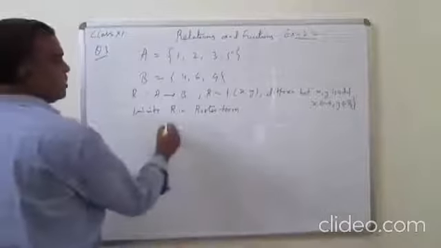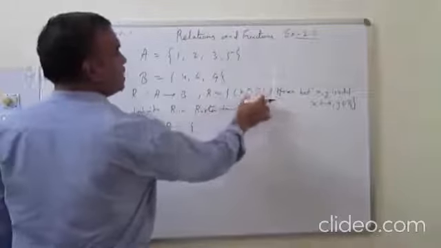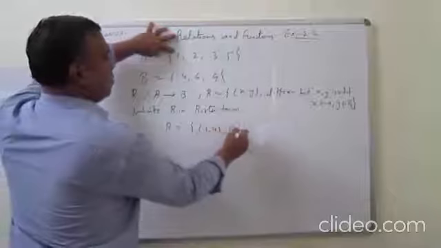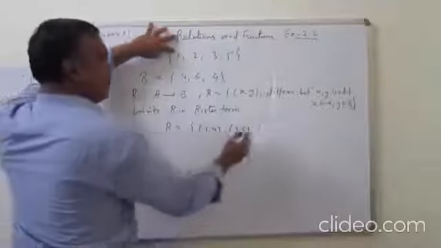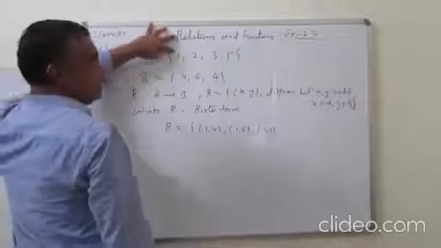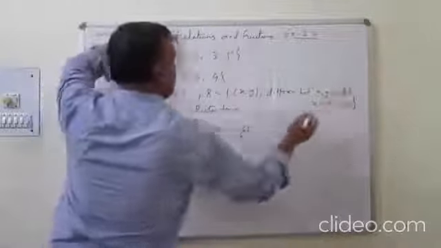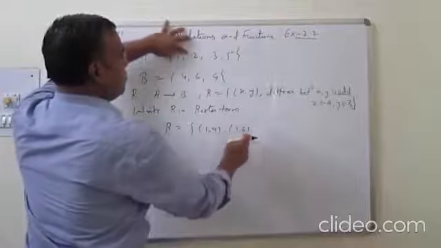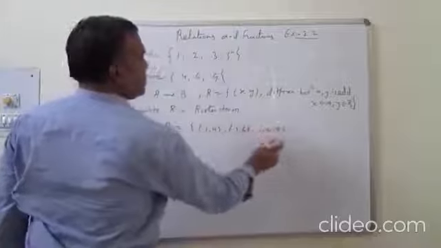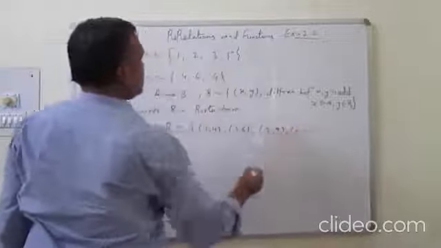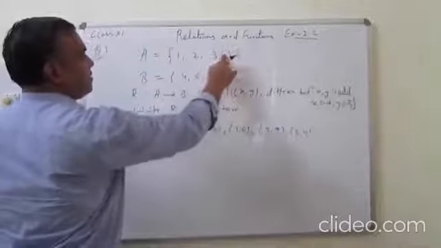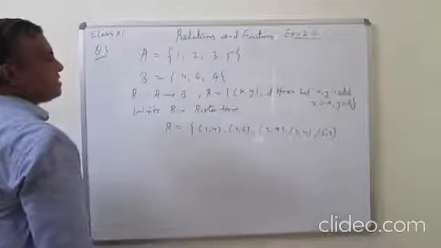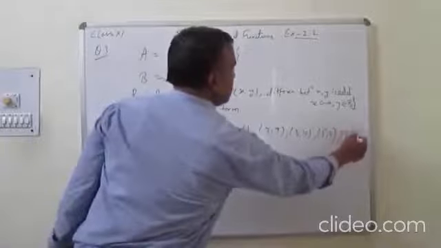See here, R is the ordered pair x, y. What should the difference of x and y be? It should be odd. Sign does not matter. So first I will take 1. 1,4 is odd, 1,6 is odd, 1,9 is not odd. Only odd you have to write. 1,4, 1,6. 2,4 not, 2,6 not, 2,9. 3,4, 3,6 not, 3,9 not. 5,4, 5,6 and 5,9.